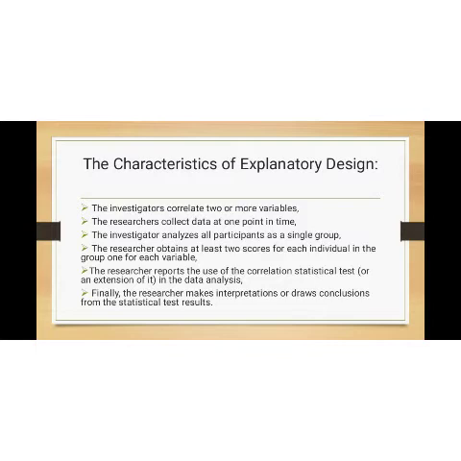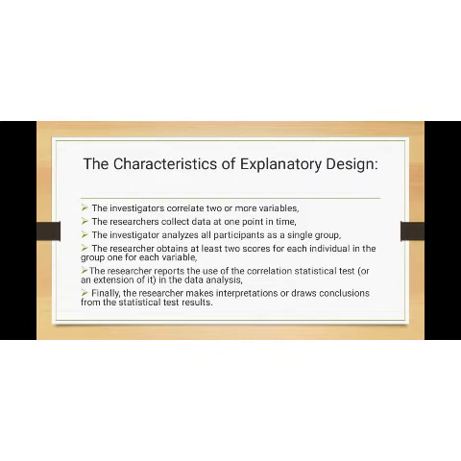Next characteristic of explanatory design: the researcher obtains at least two scores for each individual in the group, one for each variable. In the method discussion, the correlational investigator will mention how many scores were collected from each participant.